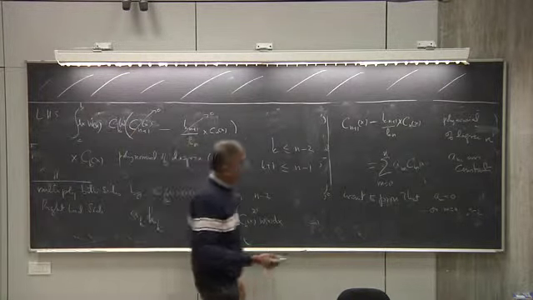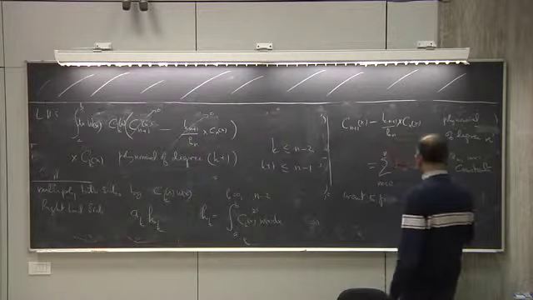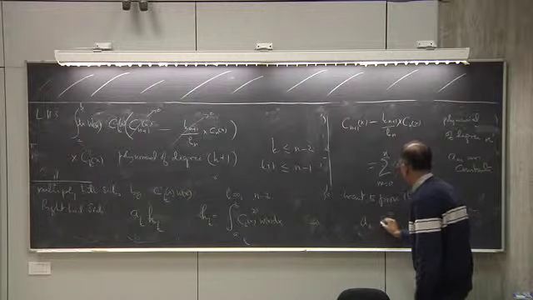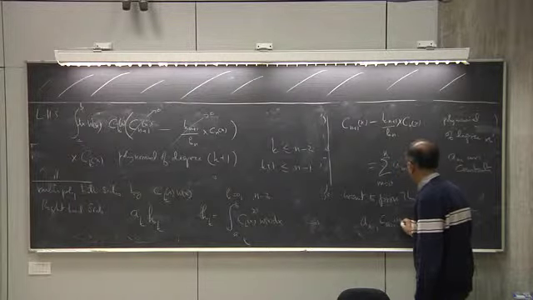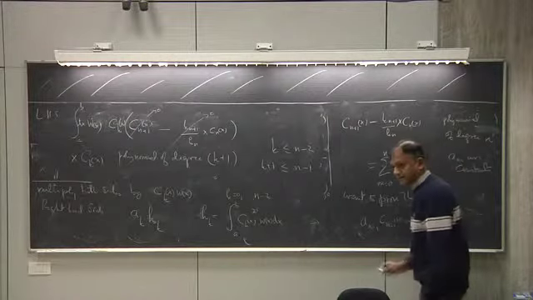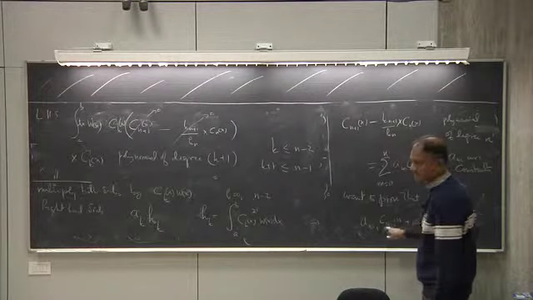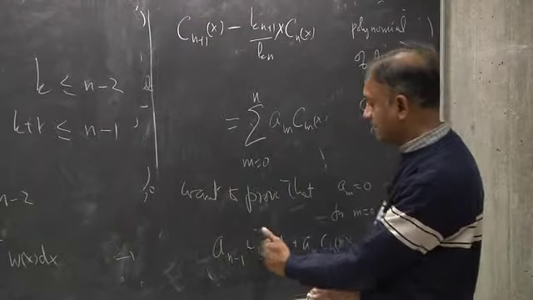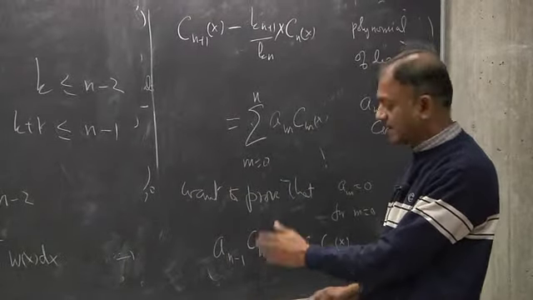Now, of course, I'm not going to go through this. So this is true. What is left over from here is simply a_{n-1} c_{n-1}(x) plus a_n c_n(x). I need to only determine these two numbers on the right hand side, and that can be determined again. Just multiply by c_{n-1}(x) w(x) and integrate.